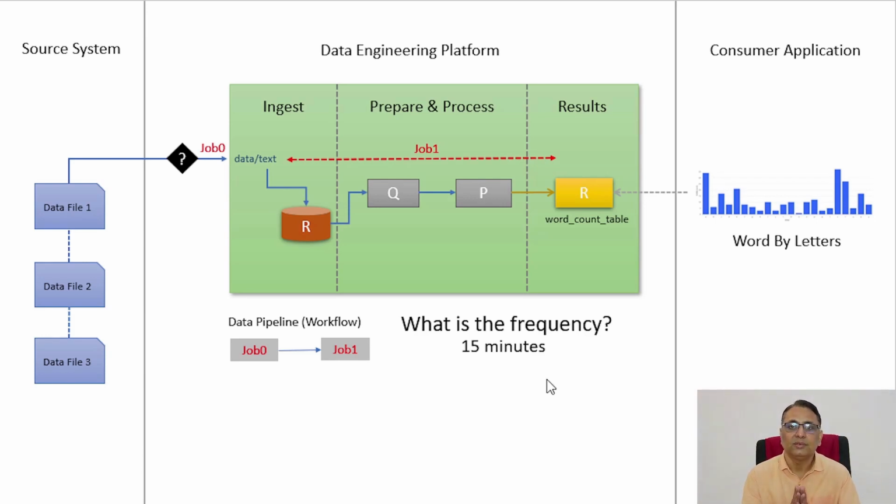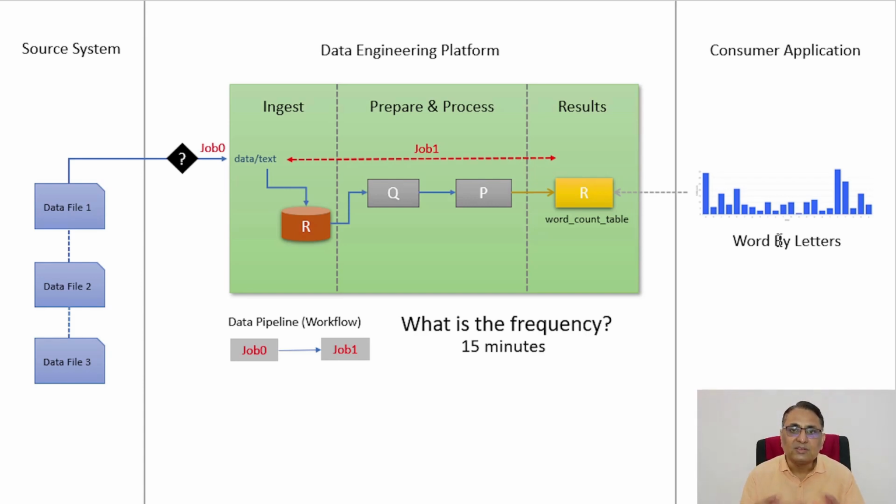Now comes the second part and the most important part of the discussion. What challenges or what problems do we see in this batch processing application? What if our customer wants to refresh this report in less than 15 minutes, maybe every 1 minute, or maybe ASAP, as soon as the new data is ingested from this source system to your landing zone, we want to refresh the result as soon as possible, maybe in milliseconds or maybe in seconds.